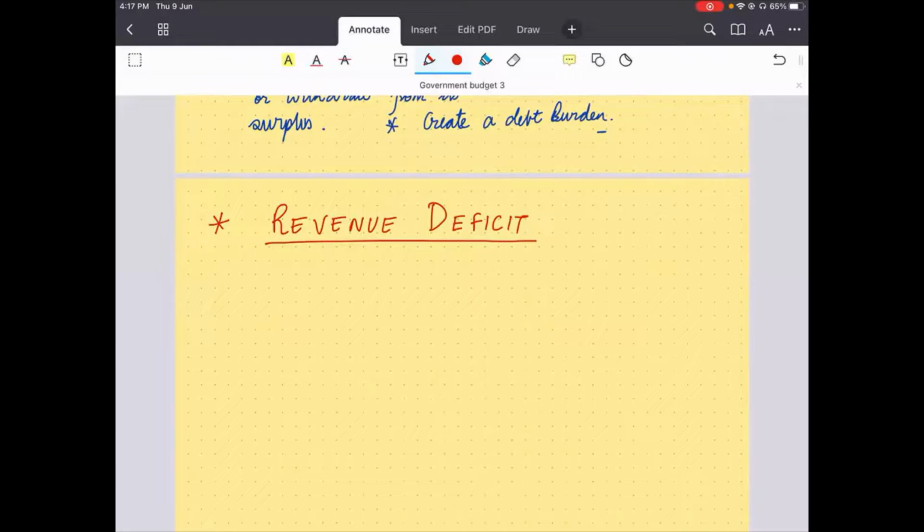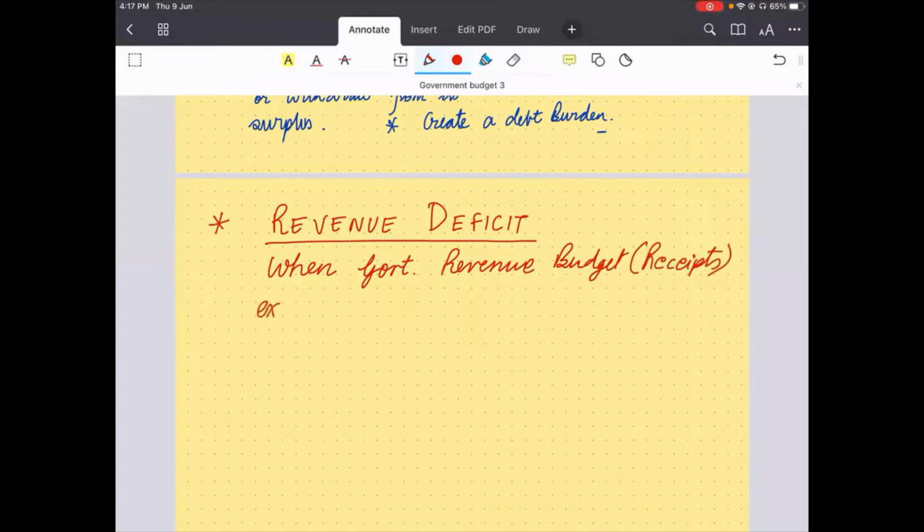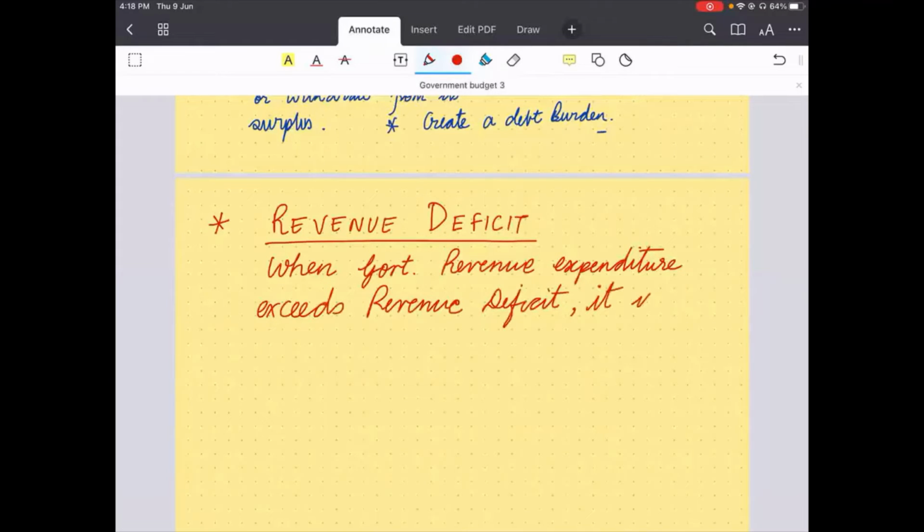As the name suggests, we can define it as, when government revenue budget, or revenue receipts rather, okay, receipts, only the receipts component I'm talking about, exceed... no. When government revenue expenditure exceeds revenue receipts, it is called revenue deficit.